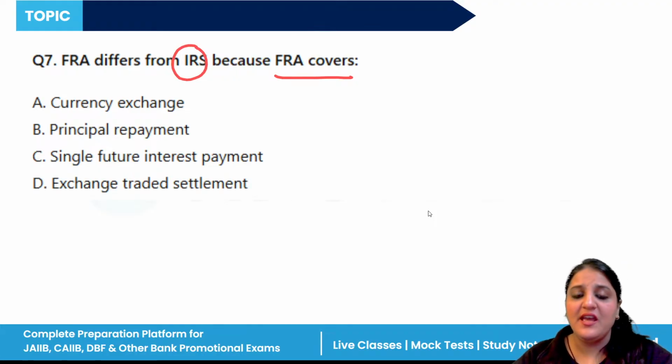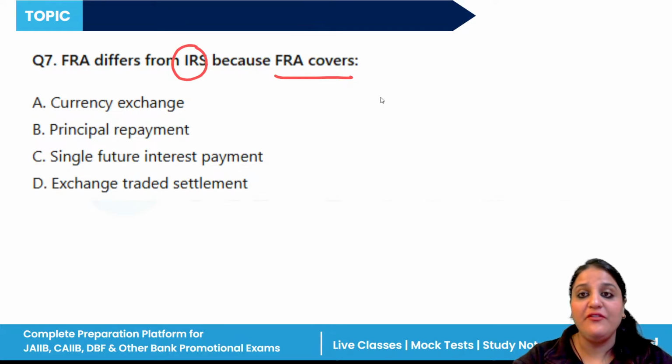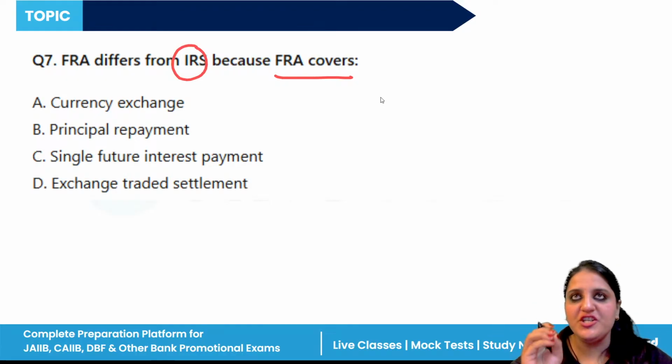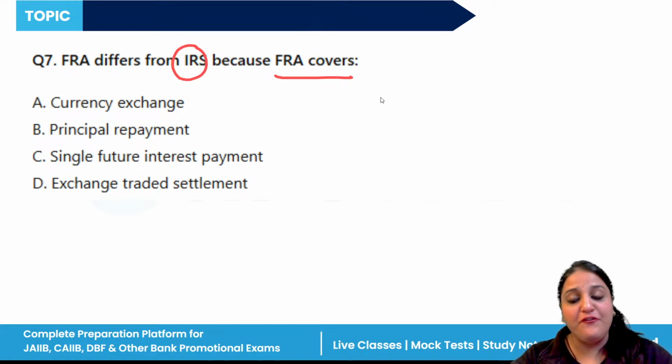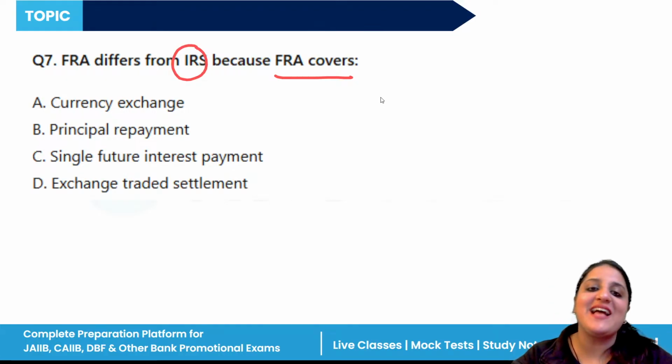It is based on a notional principal, right? Now, what is the meaning of notional principal? Notional principal or notional amount is the face value of financial derivatives like interest rate swaps and futures contracts, which is used solely to calculate the interest or cash payments.